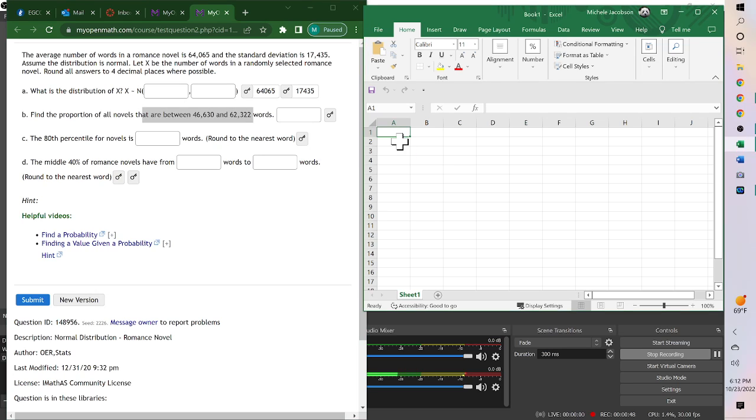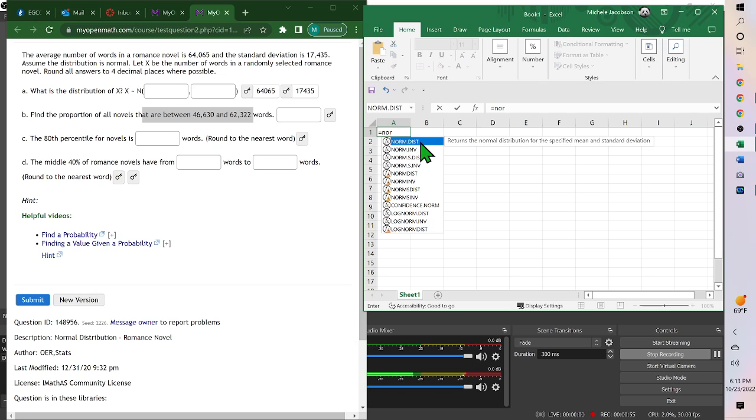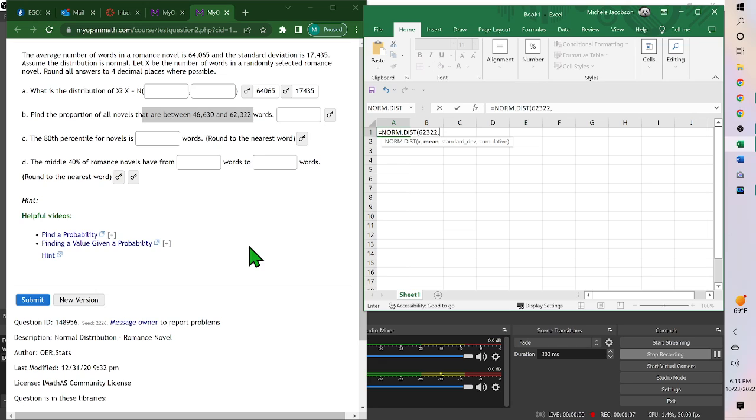So if we come over here, you can do it all at once also. If we go equal, norm, and then we want distribution, the larger value, 62,322, comma, the mean, 64,065, and the standard deviation. And then you put 1 for the percent under the curve.